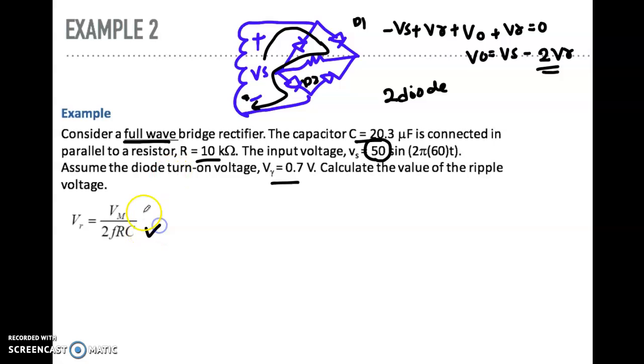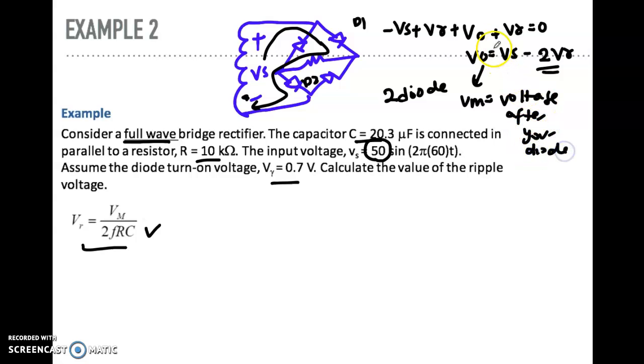So for your full wave rectifier, the formula is given here, Vm divided by 2FRC. What is actually Vm? Vm is actually your voltage after your diode. Means this V out, the one that you derived the equation just now. So let's replace the equation.